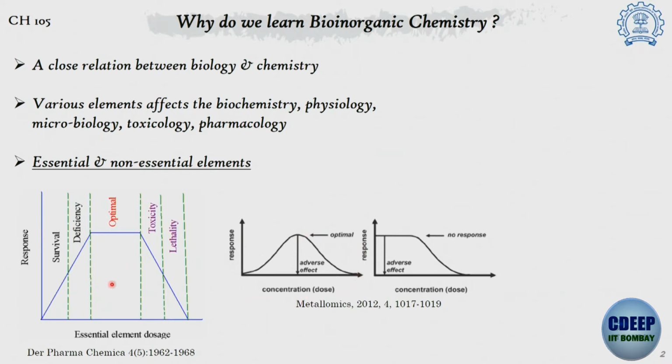If we look very closely at the graph, at very low concentration they even have a negative effect, and as we increase the dose it shows a positive effect, and then it reaches an optimal point where it shows the best response at a particular concentration level that we call the optimal level. And then if we continue to increase the concentration, that again shows a negative effect as toxicity, and at a certain point it can even be lethal.